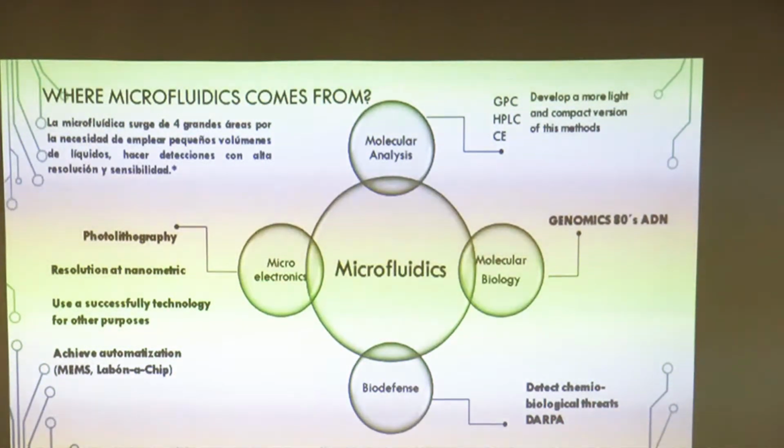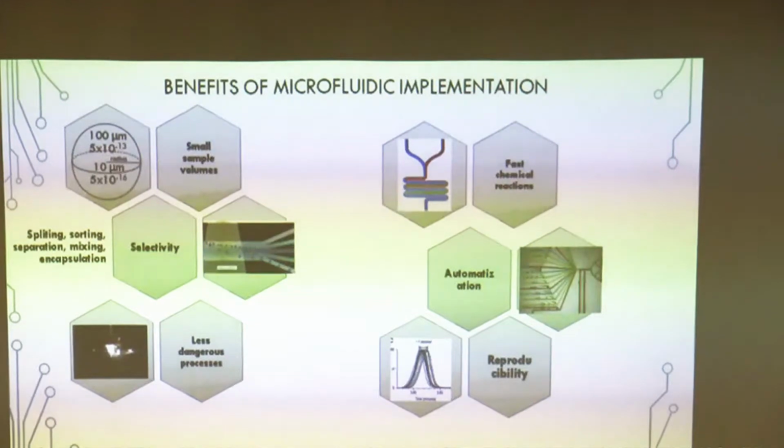So with all this, we can use this technology to develop, as I told you, small sample volume manipulations. We can perform many actions with this: splitting, sorting, separation, encapsulation, mixing. The chemical reactions become less dangerous.